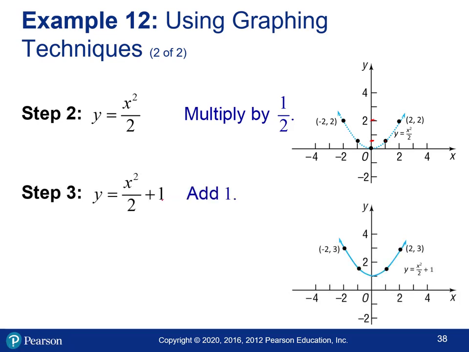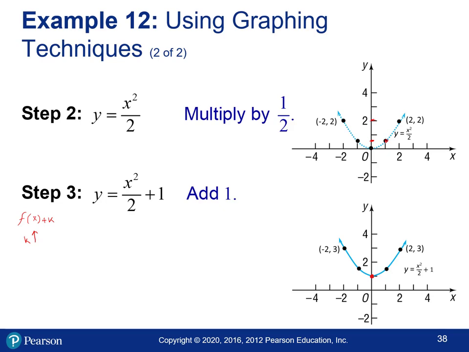And then from there, we're going to add 1. Again, that's just a transformation of our function plus some number. So we're going to go up 1 unit, and every point on the graph we just move up 1. The point that was at (0, 0) goes to (0, 1).